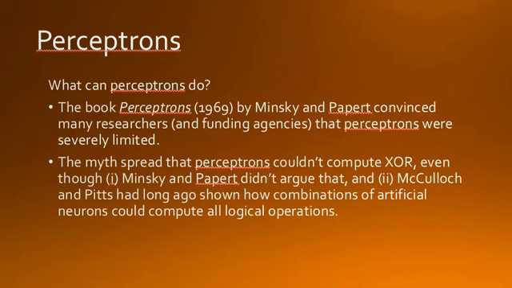But it's just a myth because, again, while they can't learn to compute XOR, they can be hand-tailored to do so. And more interestingly, you can put them together, as McCulloch and Pitts had already shown with their McCulloch-Pitts neurons, in ways where they can easily learn to compute XOR and the others, right?